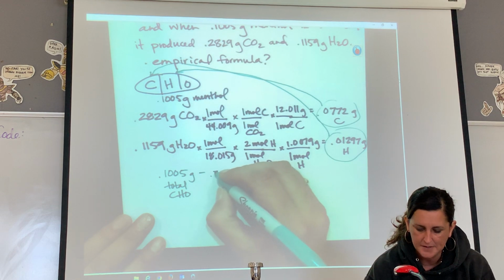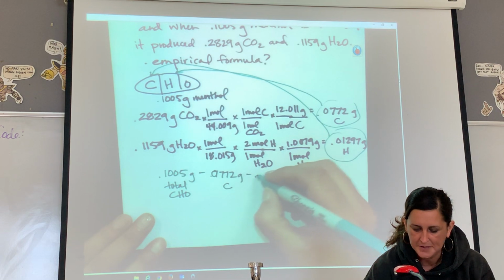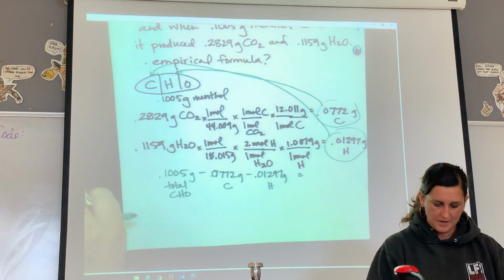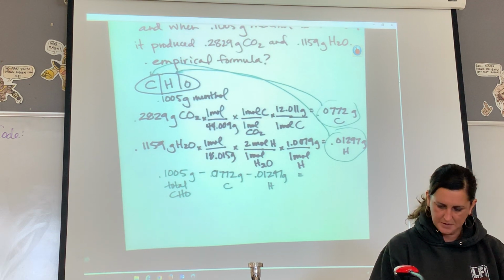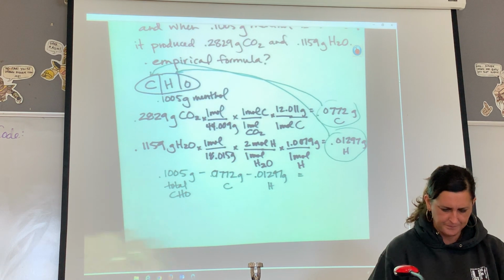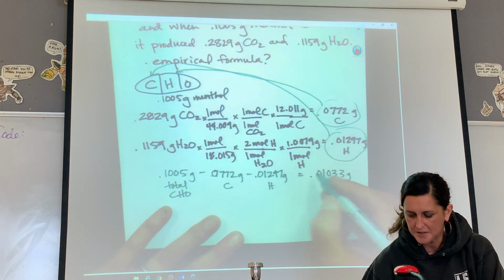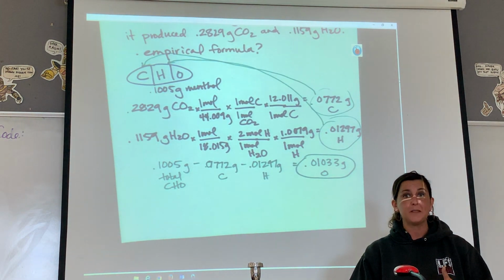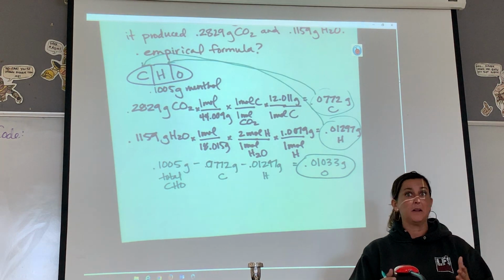And we'll subtract the 0.0772 grams of carbon and the 0.01297 grams of hydrogen, and see what we get. 0.1005 minus 0.0772 minus 0.01297, and that gives us 0.01033 grams of oxygen. Okay, so now we are to a situation where we have grams of everything, and we just have to convert to moles and then find our smallest moles.